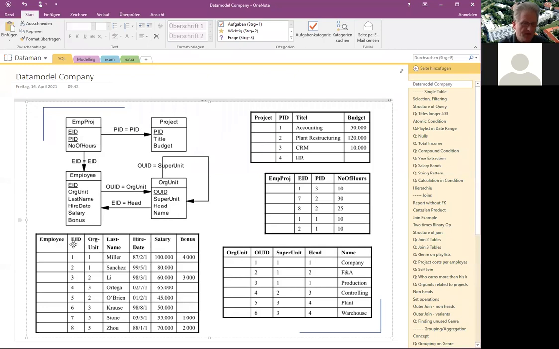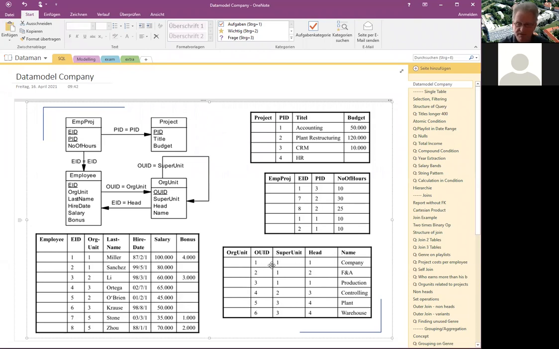So we have an employee table here, and we have some columns in it, like the last name, the hire date, the salary, and some kind of bonus that an employee might have. And we have, for example, organizational units here.